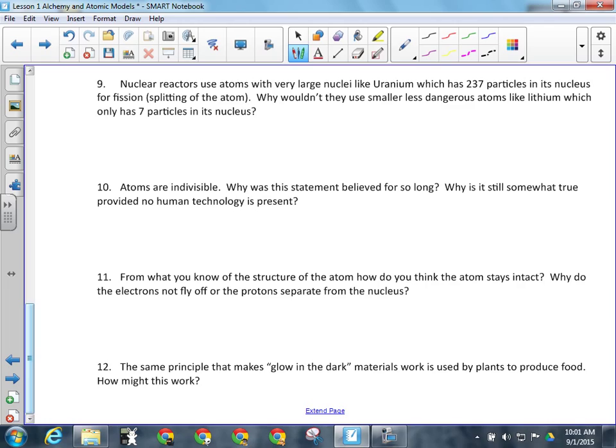Why do the electrons not fly off or the protons separate from the nucleus? Right, electrons are attracted to the nucleus through electromagnetic forces, and so they stay there. And we talked about the glow-in-the-dark materials already, so you kind of have the answer for that.